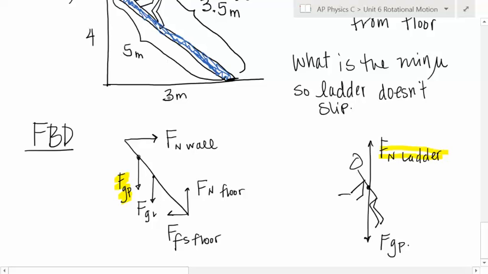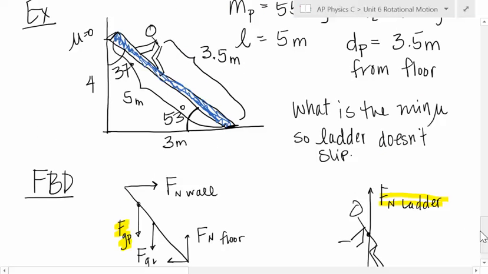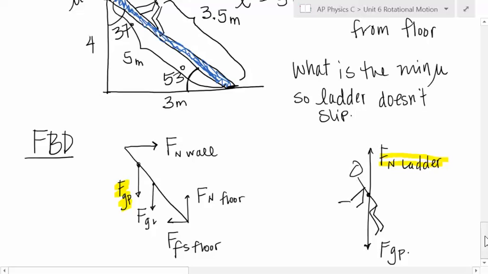Okay. So now we've got, let's see. This is a 3, 4, 5 triangle. And I think that means that this angle is what? 53 degrees. Right? I don't think so. Okay, so once we get the angles put in here, I can actually put the angles into these forces.